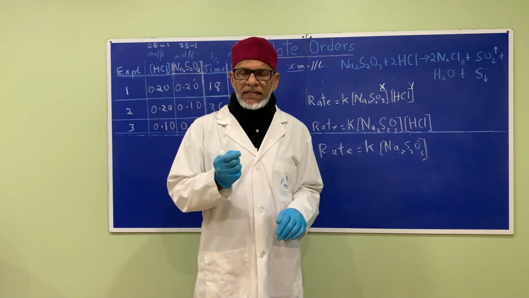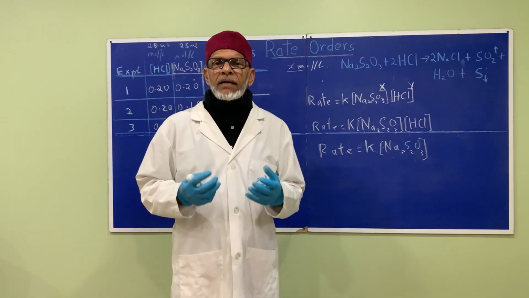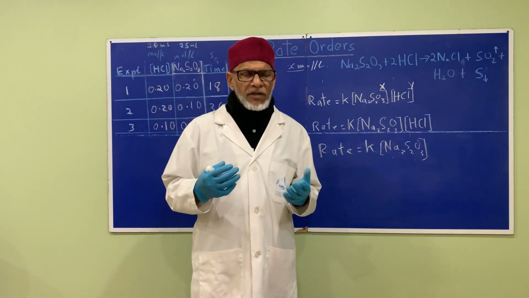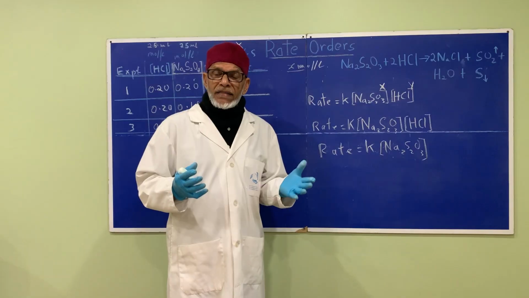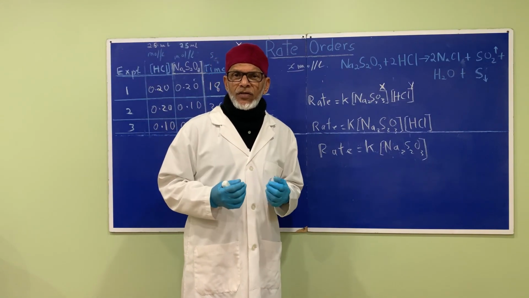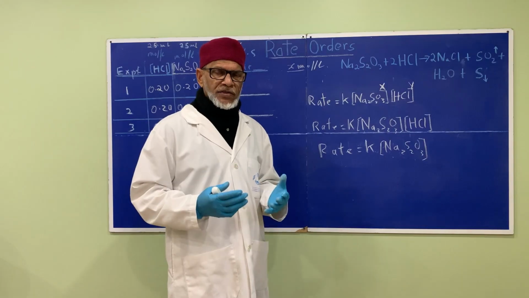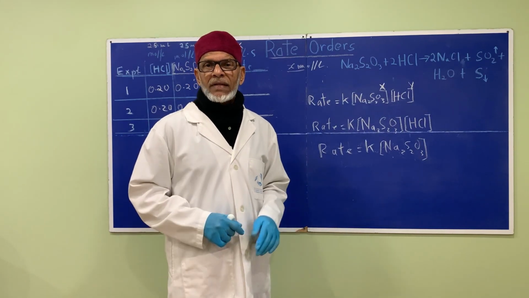For that X to have disappeared from our view, a certain amount of sulfur must have been precipitated. And since the volumes were the same, then the concentration of the sulfur that was produced in every case must have been the same.